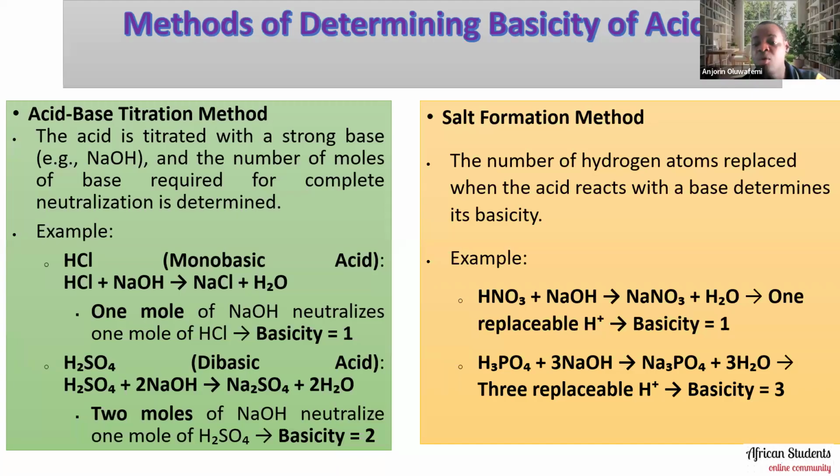For H3PO4, this is not the case. You have 3 replaceable hydrogen atoms, so you need 3 moles of the base to react with just 1 mole of phosphoric acid. So the basicity in this case is 3, because of the replaceable hydrogen ions in phosphoric acid.